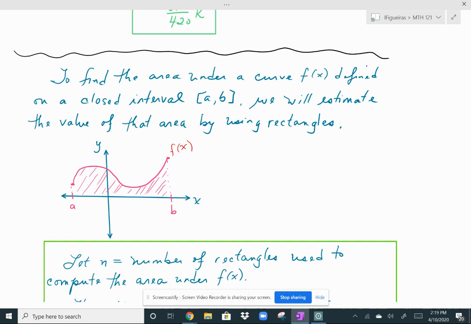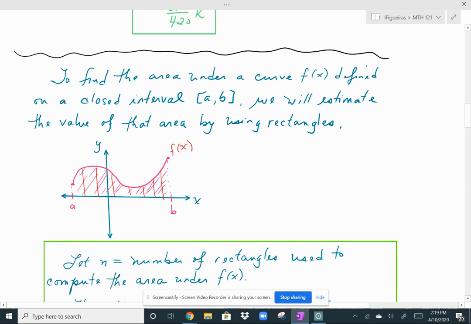So if you can imagine taking this space from a to b and breaking it up into equal subintervals, let's say, I'll do a few right here. So I have 1, 2, 3, 4, 5, 6, 7, 8 subintervals.